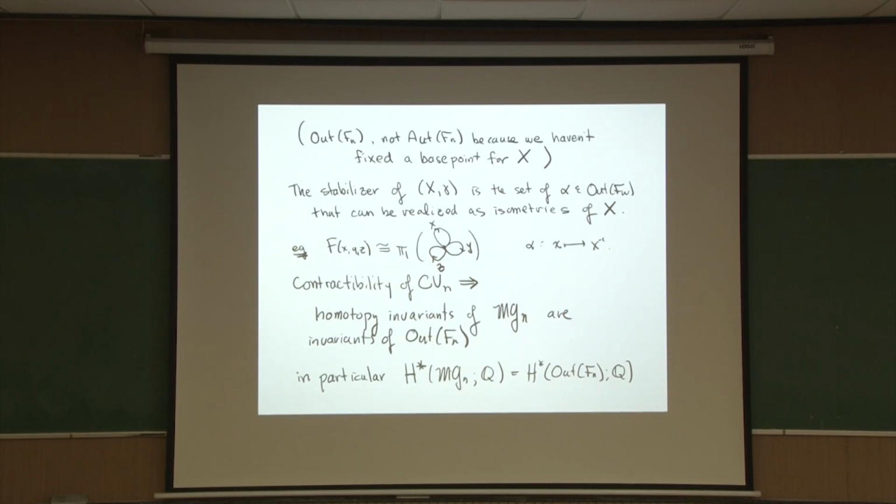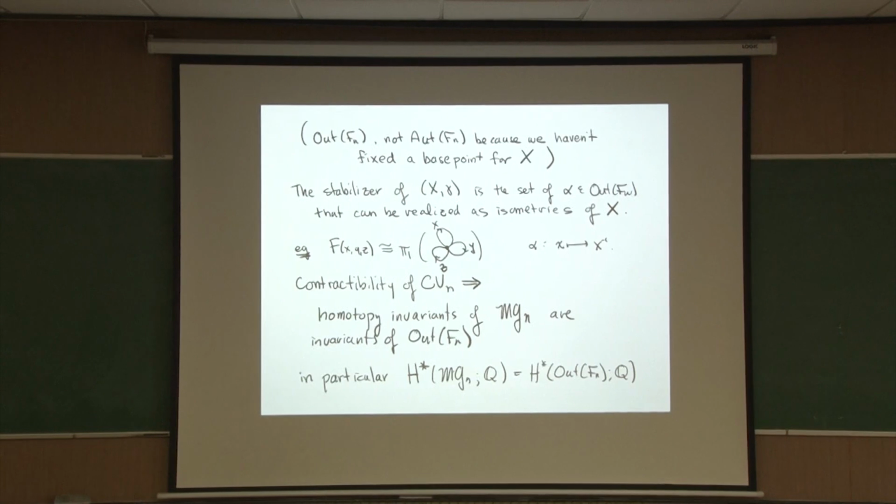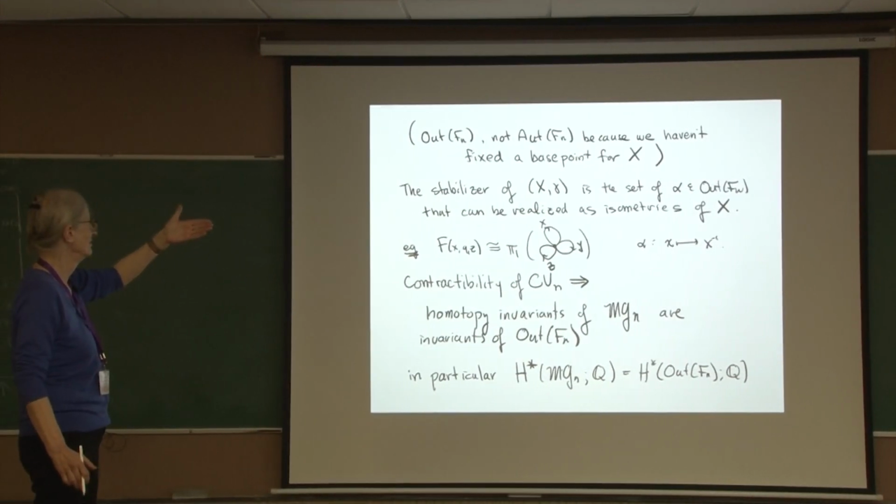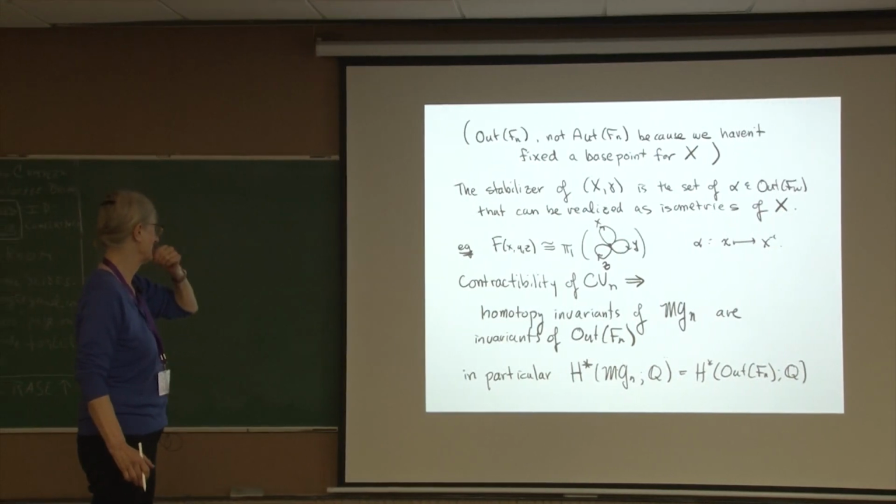So, yeah. Any automorphism of the graph is going to induce an automorphism of the free group that fixes the graph. And then this contractibility theorem: we've got groups, we've got actions of groups on a space with quotient, the moduli space of graphs.